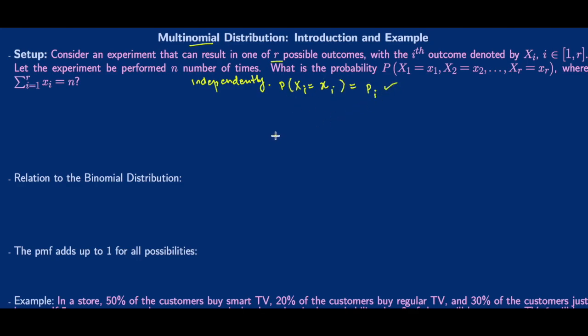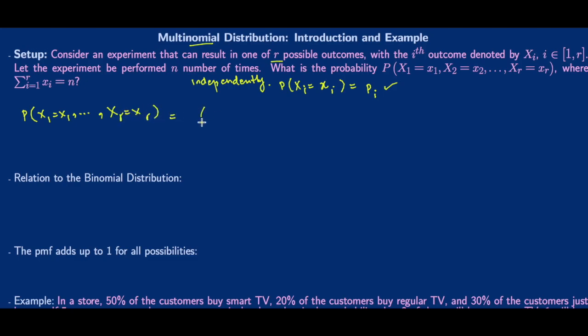And what is the joint probability of the event that x1 happens x1 number of times, x2 happens x2 number of times, and so on up to xr happening xr number of times, where obviously the sum of all these numbers should be equal to n, because we perform the experiment n number of times. So how do we proceed with this? We'll say the probability that X1 is equal to x1 up to Xr is equal to xr.